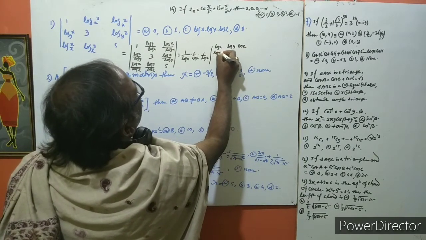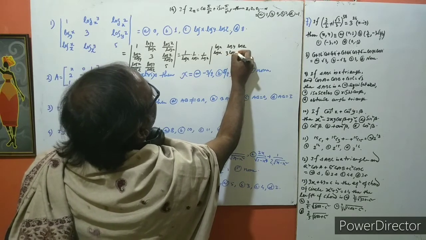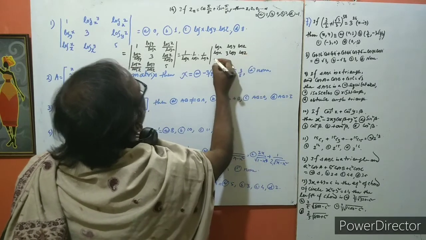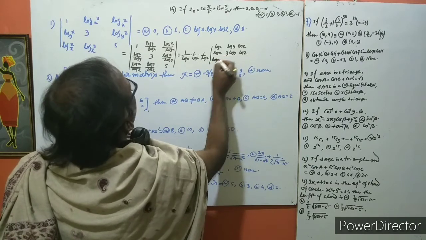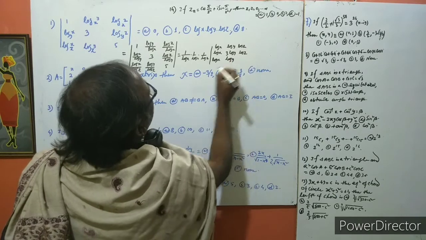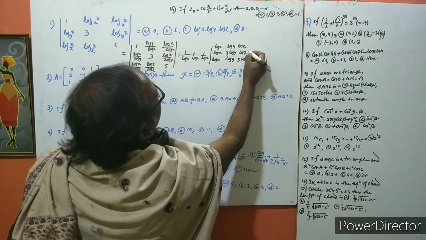This is here log x, 3 log y and log z. This is here log x and log y and 5 log z.